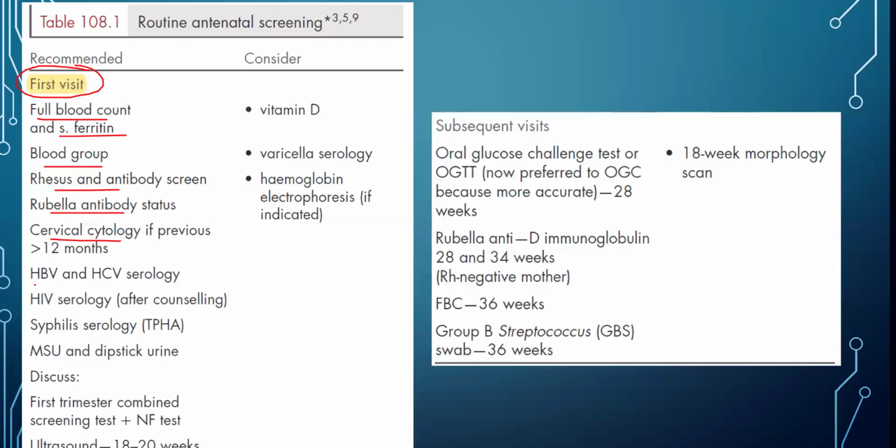We also do a full STI screening, which is Hep B, Hep C, HIV, and syphilis, and also a routine urine microscopy and culture. That will be for everyone.